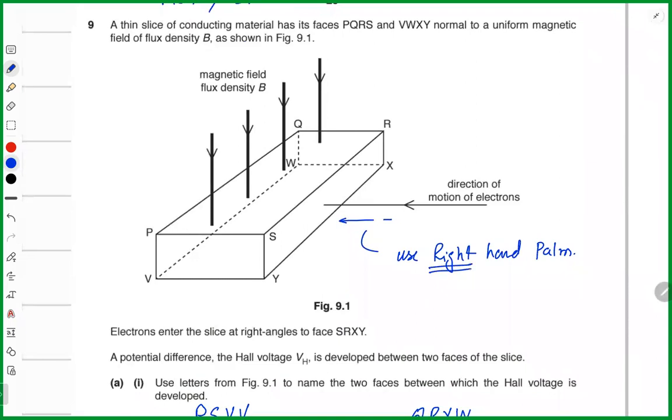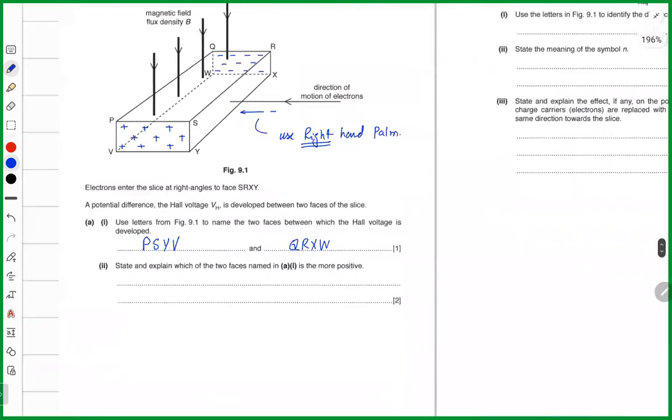What is your thumb doing? Which side is your thumb pointing at? Use your right hand. Into the page, or like to QRXW side or PSYV side. QRXW. So that means this side will be turning negative. That means this side has to turn positive. So the question is, state and explain which is more positive.